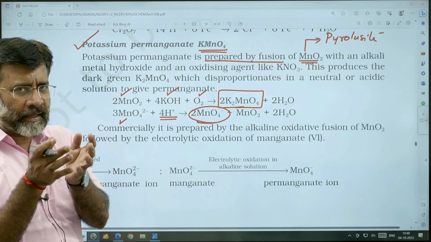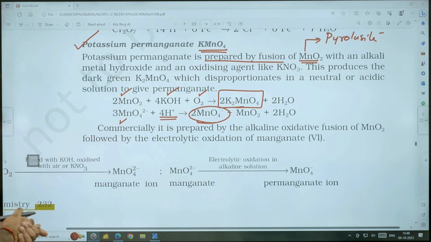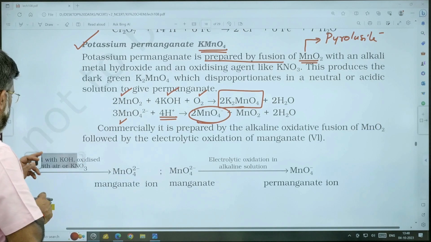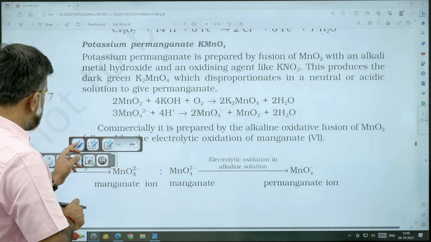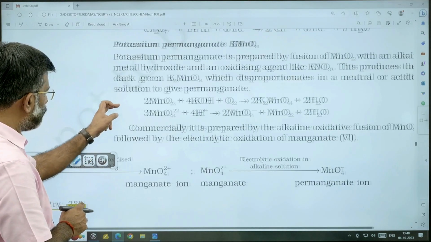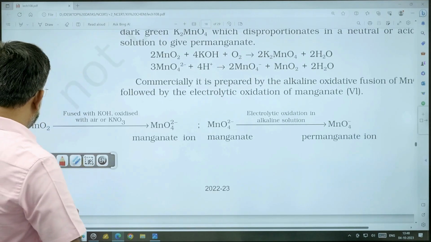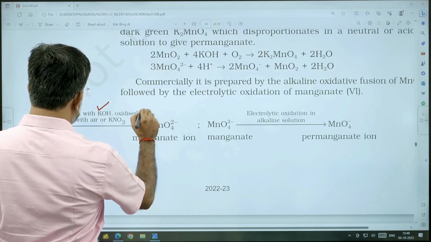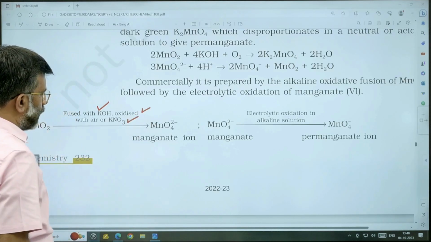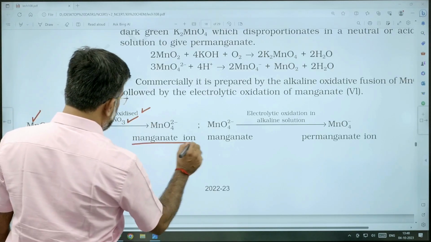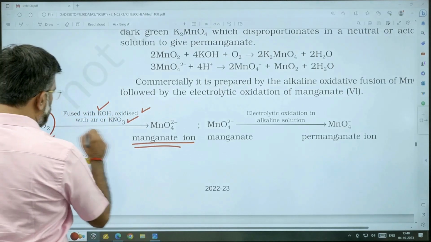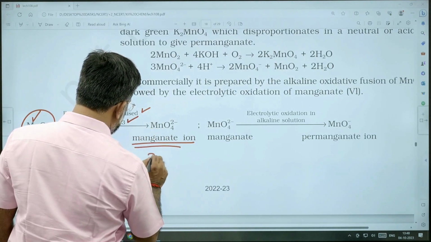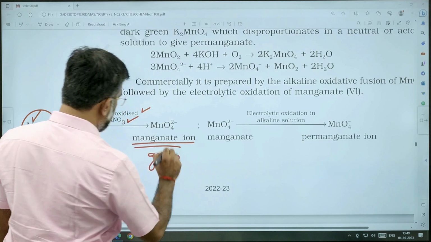And commercially, there can be slight changes. This is what a commercial operation looks like. Preparation of potassium permanganate: MnO2 is fused with KOH and oxidized with air or potassium nitrate. You get a manganate ion, so MnO2 is converted to the dark green colored manganate ion.